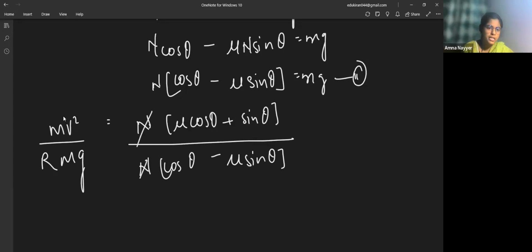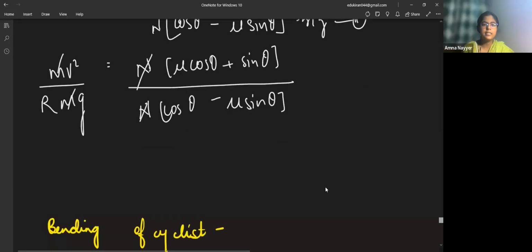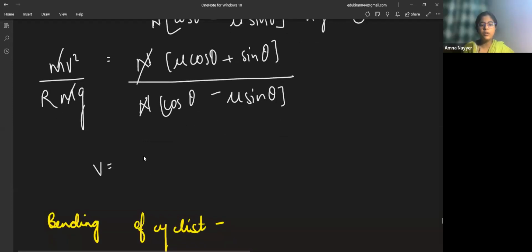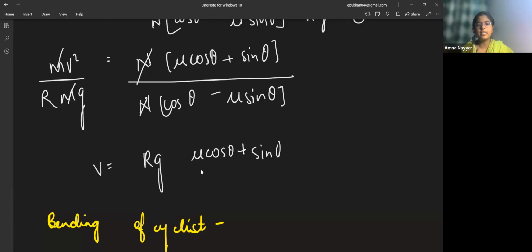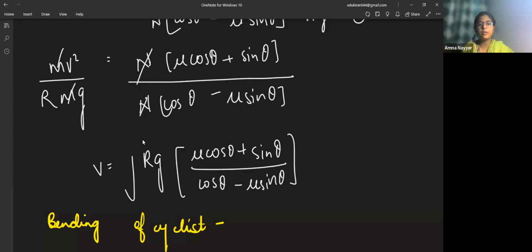Normal reaction gets cancelled, mass gets cancelled. So v square is equal to rg times mu cos theta plus sin theta divided by cos theta minus mu sin theta, and this will come under a root. This is the formula which you have to remember.